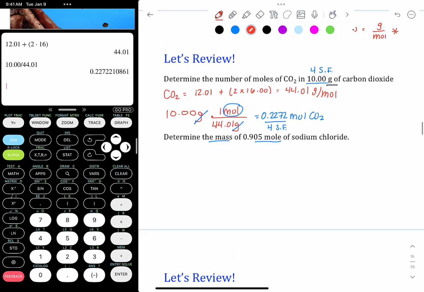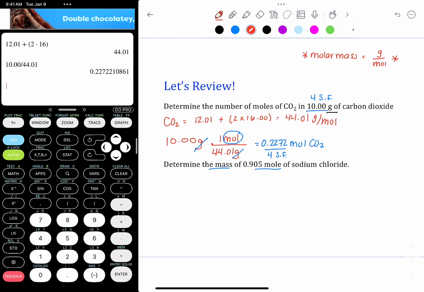Okay, so we need to find the molar mass of sodium chloride. Sodium chloride is NaCl. So this is where remembering our names and being able to turn them into formulas comes in handy. Okay, we have to know how to do that. So sodium chloride is NaCl.